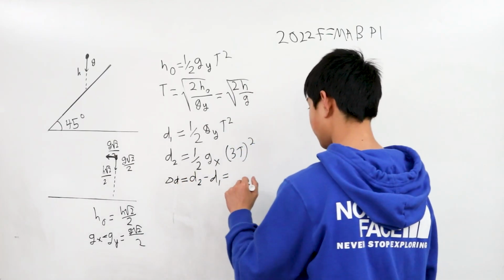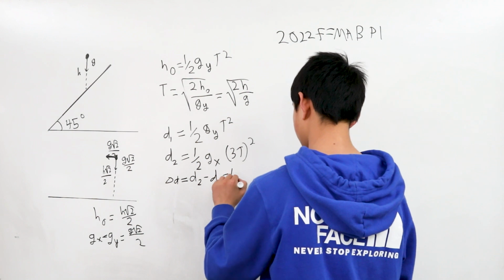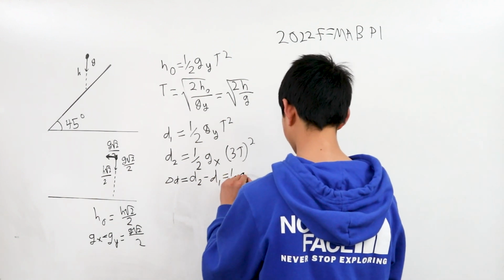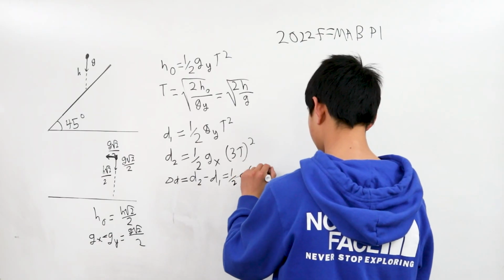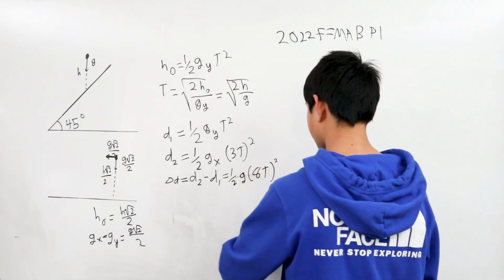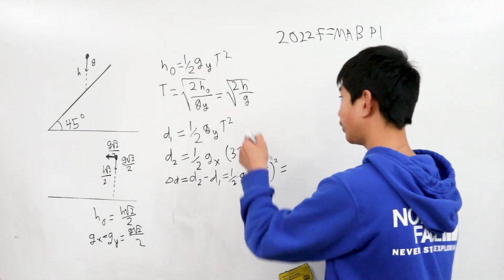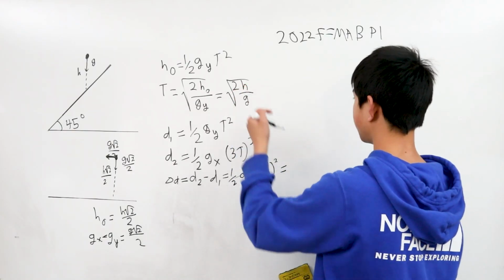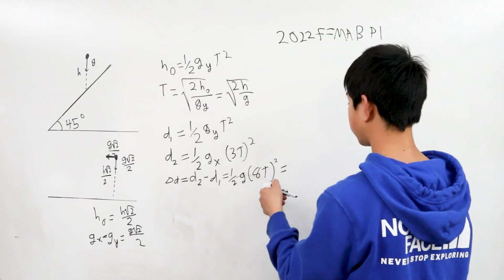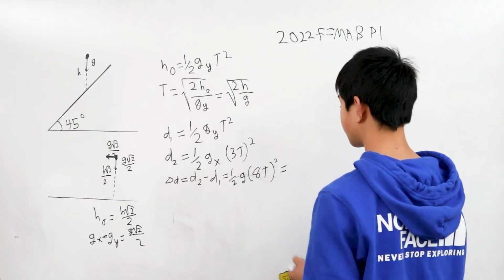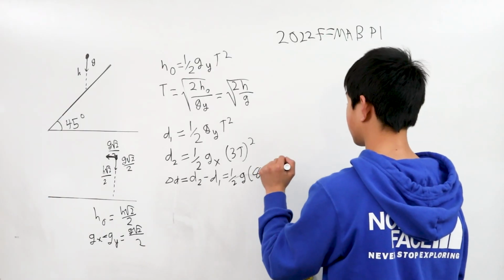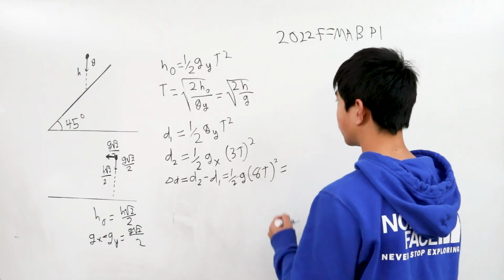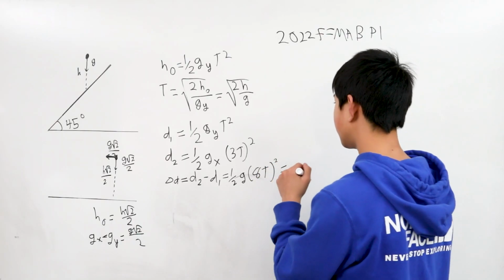This is going to be 1/2 the gravity times 8t squared. And from the previous definition above, we can define t as the square root of 2h over g. So this is 1/2 times, since you're squaring it and then multiplying it, 8 times that, and then you square it.